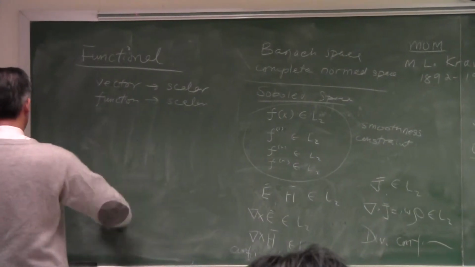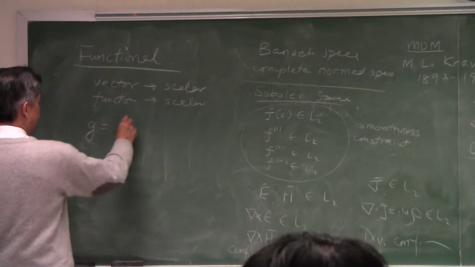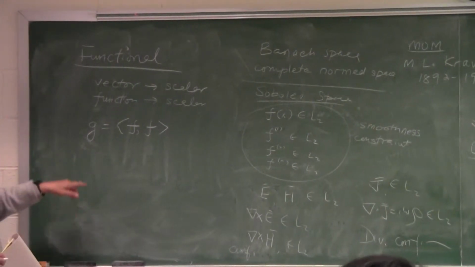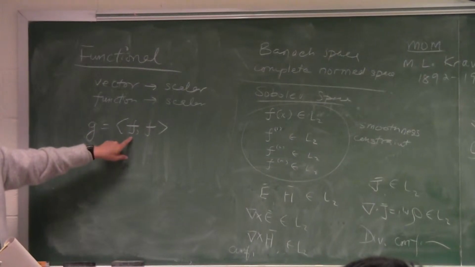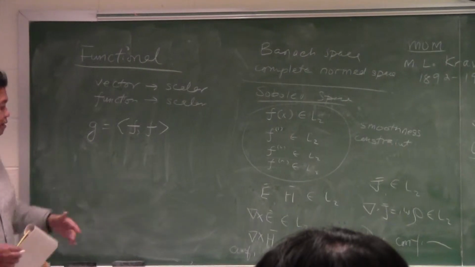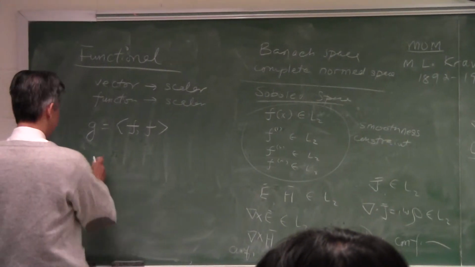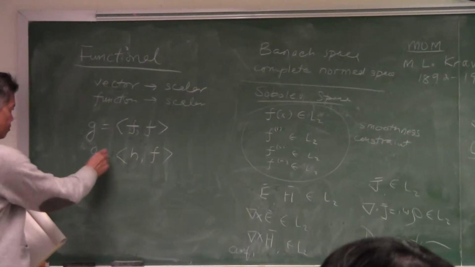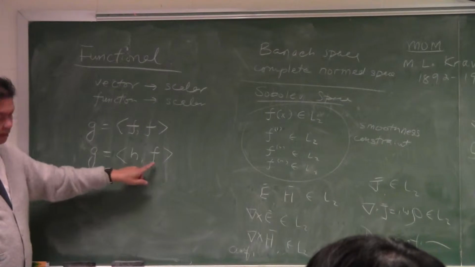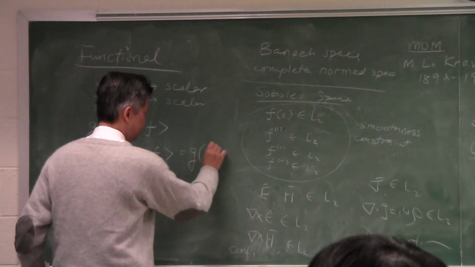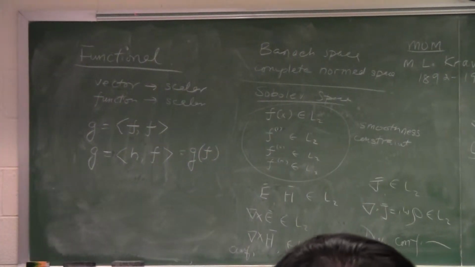Like if G is the inner product between two functions, G is a scalar, but it depends on a function. This operation maps a function to a scalar. And then G can also be the inner product between one function and the other one. G is a function of a function. A functional is a function of a function, is one way to think about that.